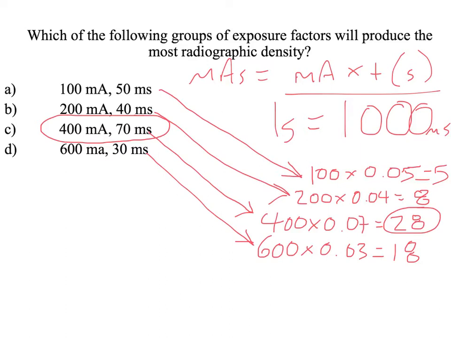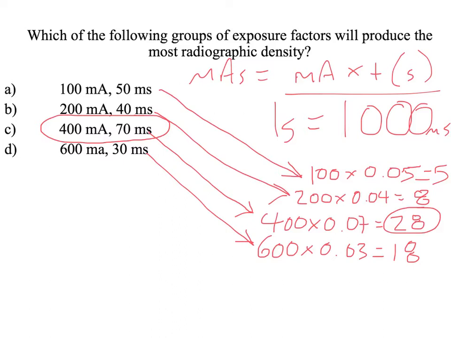Now, the quick way to go here would be to try to figure out our maximum amount of time relative to a fairly high MA, right? I'm just trying to figure out if it's just 400 or 600.